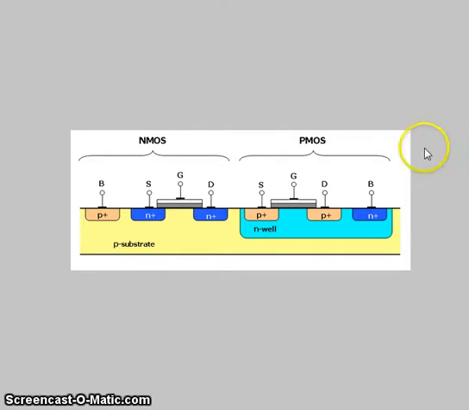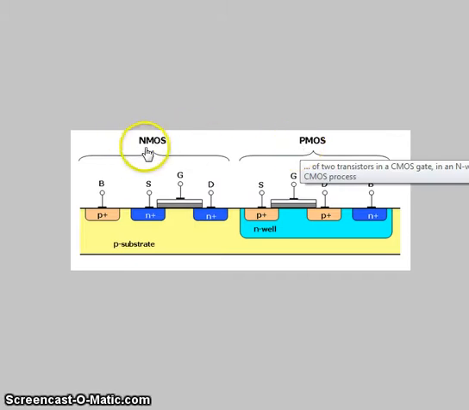And the reason that it is considered complementary is because there is a type of transistor known as the NMOS transistor, and there is then the complement, which is known as the PMOS. So the N stands for negative and the P stands for positive.